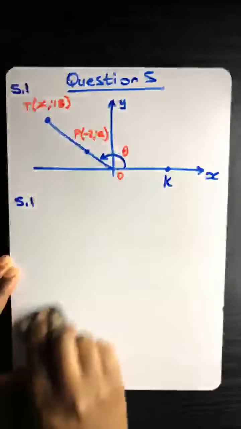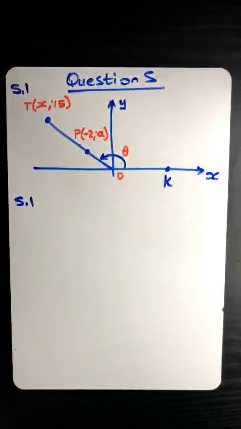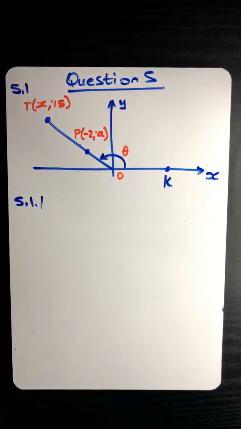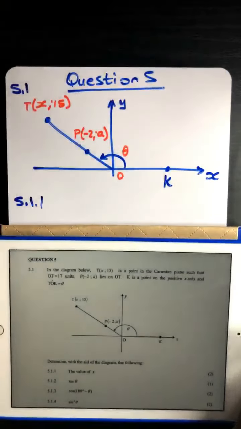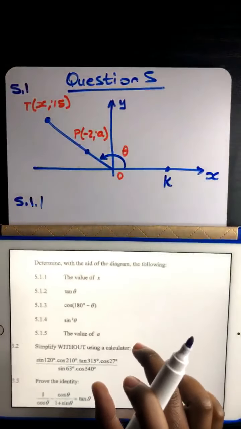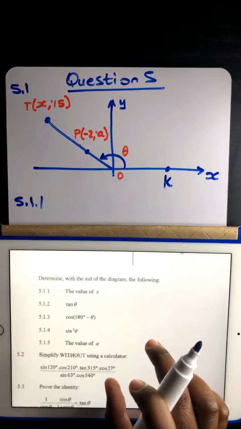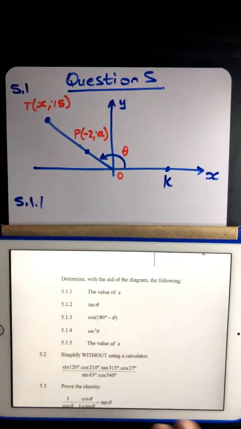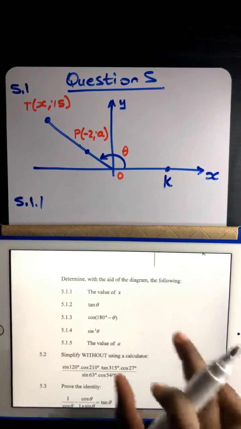And then from there, we'll try to have a look at our very first question. So let's see. What is the examiner saying there? Can you guys see that? In this case, the examiner says determine with the help of a diagram the following: the value of x.